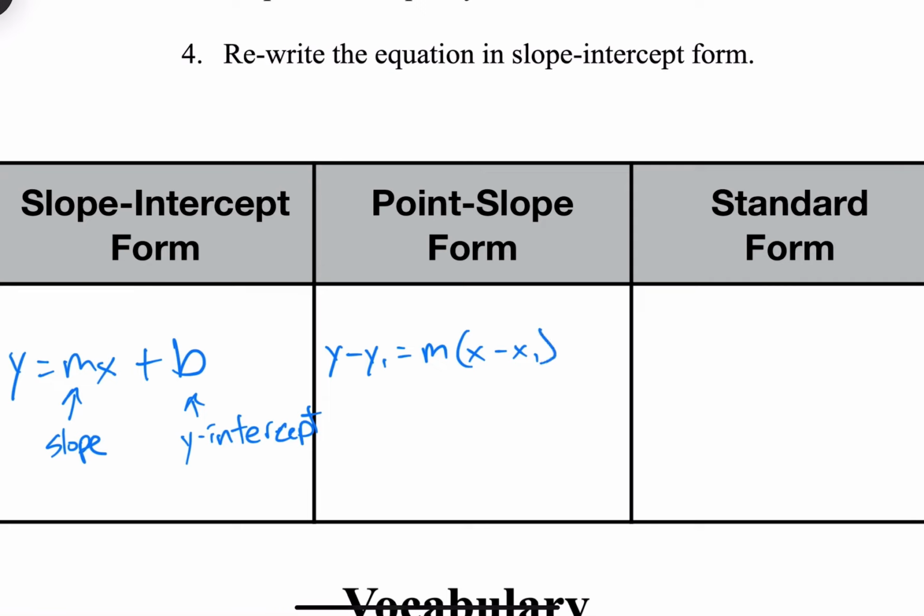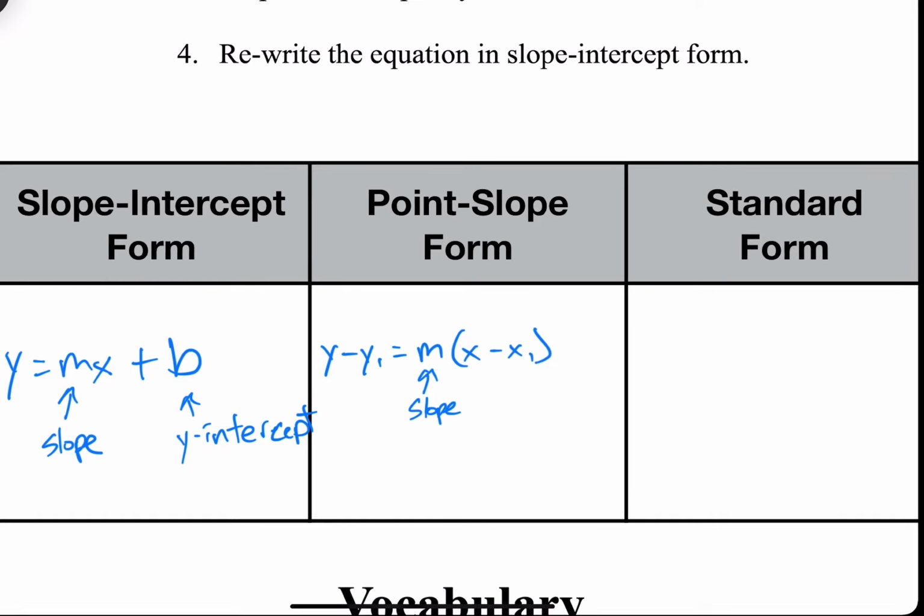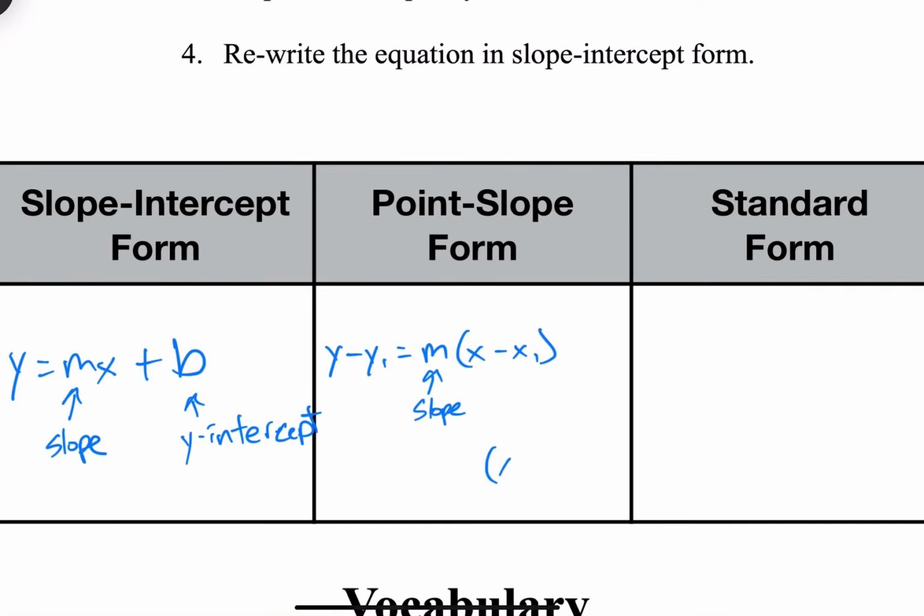For that, m is our slope, just like in slope-intercept form. And then we have a y1 and an x1 there. That is if we are given a point where we'll have a coordinate of an x1 and a y1 point. Okay, so that would be point slope form. And we can easily take that and convert it into slope-intercept form.